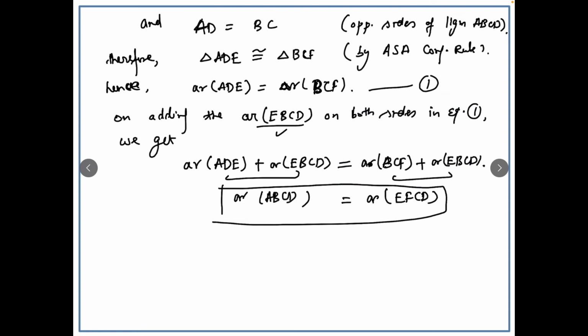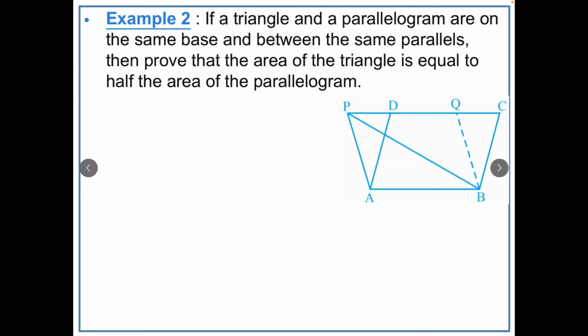Now moving ahead to example number 2 of your NCERT textbook, which is given on page number 158. This example is very important, so let's do this example.